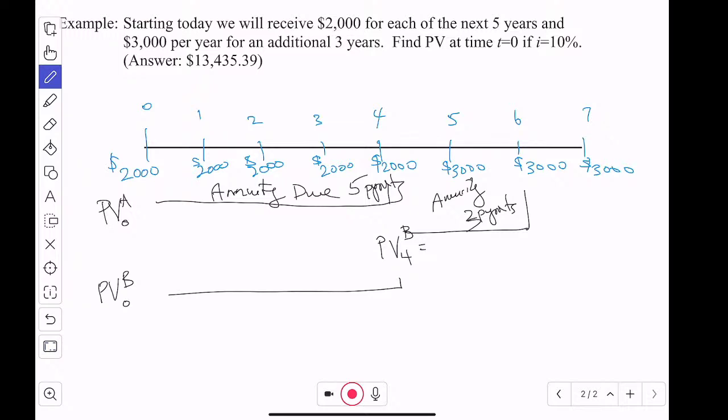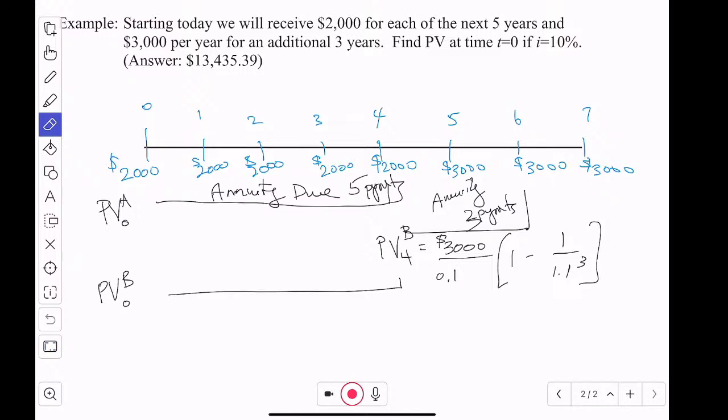All right, so this is going to be a 3-year regular annuity, 10%. So you have to write this out for your test. And that's done. So let's continue the same way as we did before.